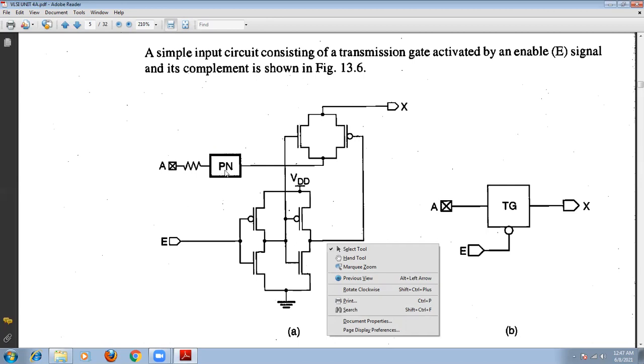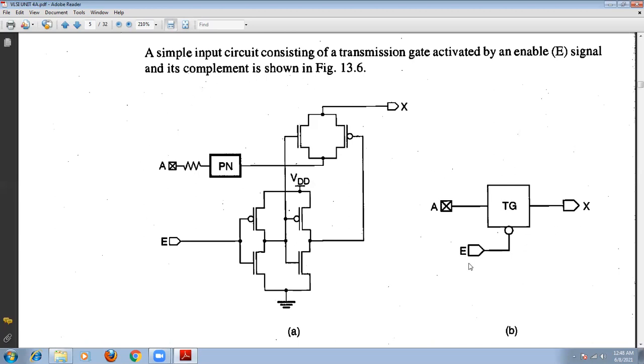Otherwise, the protection network will stop it before it enters the circuit. The signal is then transferred to the transmission gate, depending upon the condition of the enable signal.